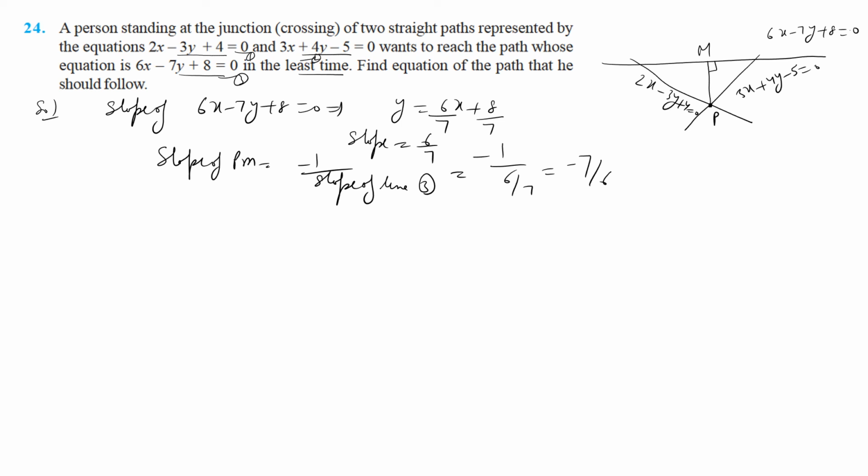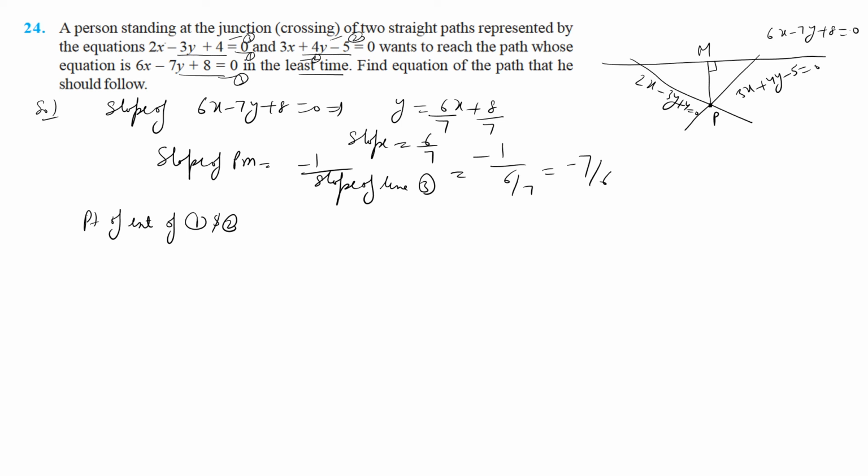Now let us find the point of intersection of equation number 1 and 2. Let us equate the coefficients. Multiply this equation by 3 and this by 2.